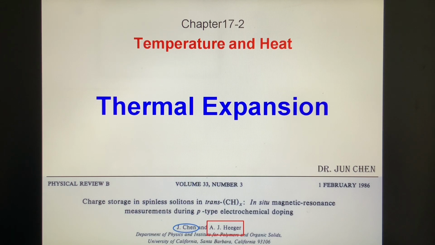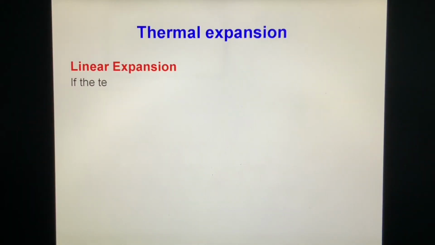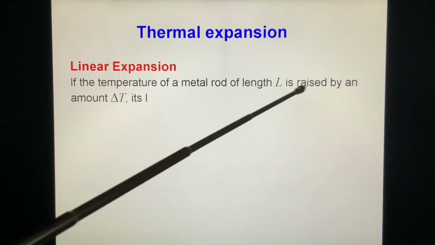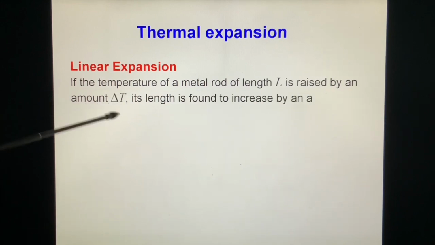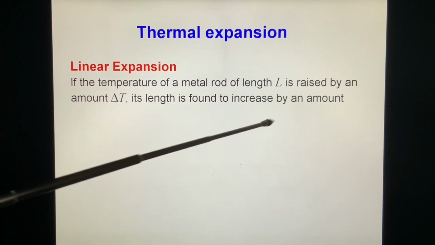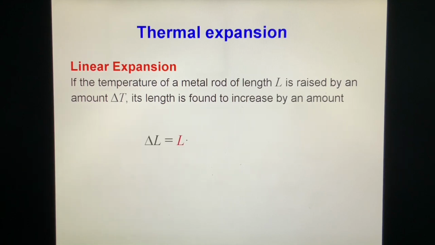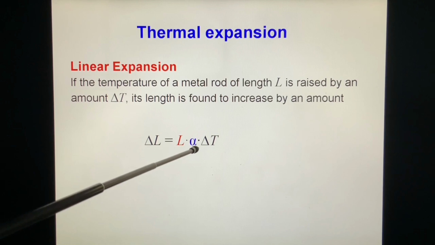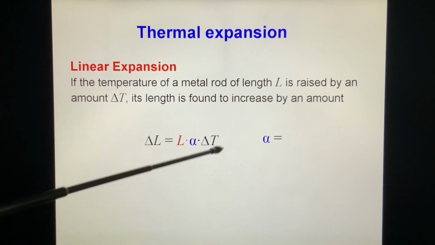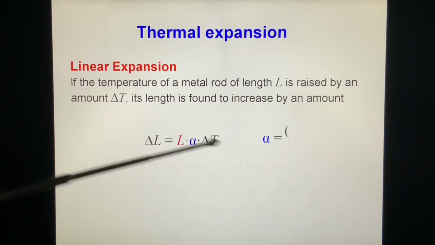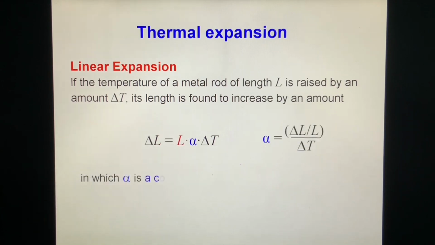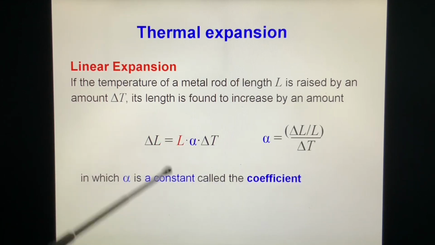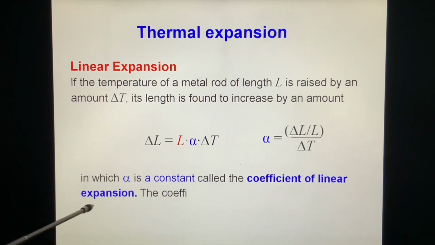Thermal expansion, linear expansion. If the temperature of a metal rod of length L is raised by an amount delta T, its length is found to increase by an amount delta L equal to L alpha delta T. It is proportional to its length and proportional to the temperature difference, with a constant alpha equal to delta L over delta T. This alpha is called the coefficient of linear expansion.